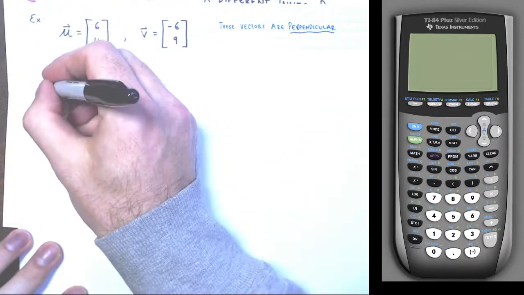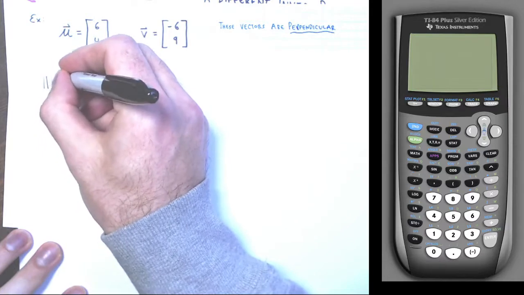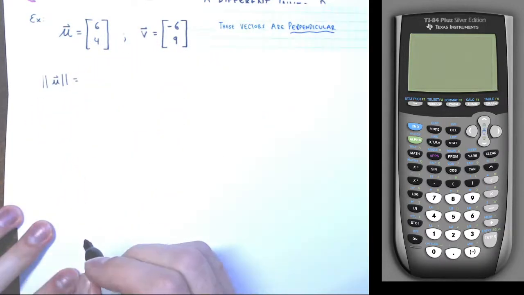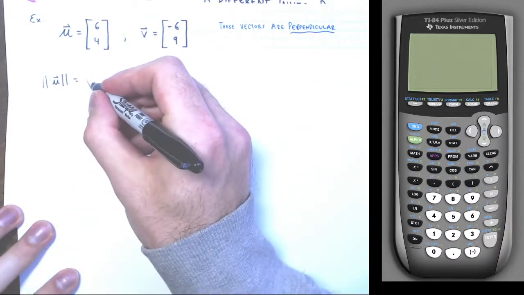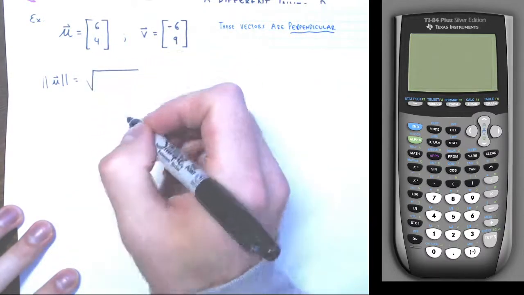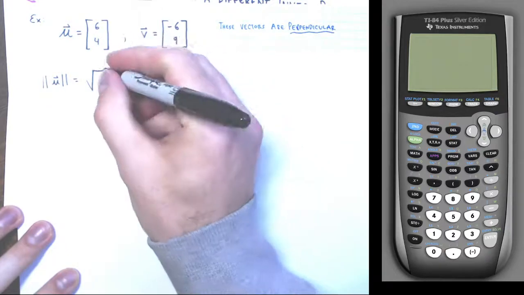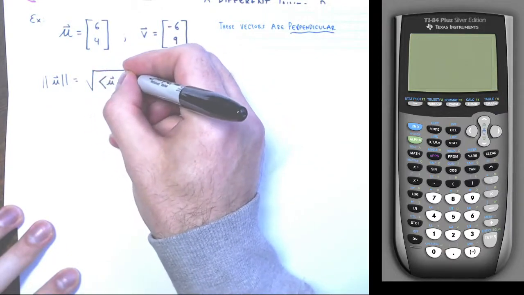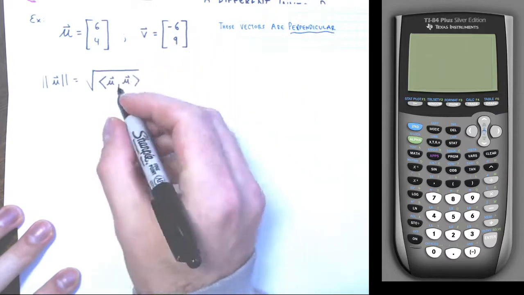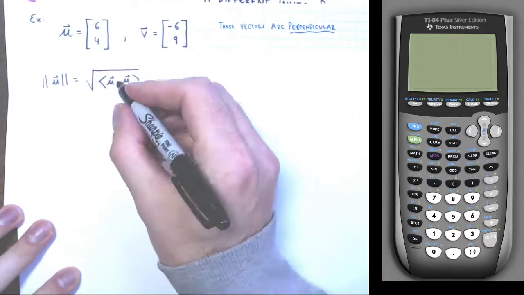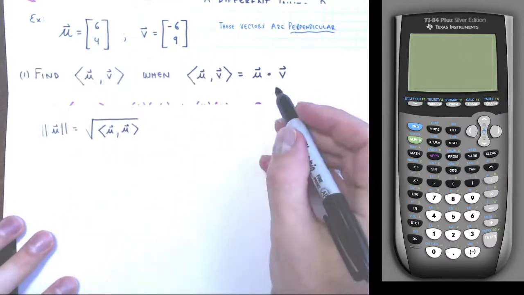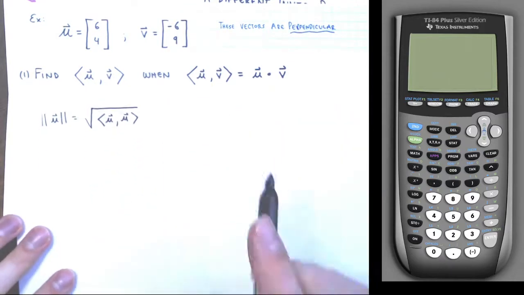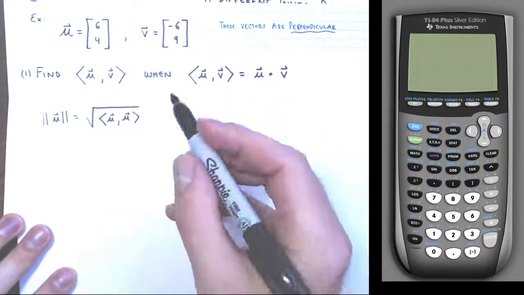So let's find the norm of u. Remember, the norm of a vector in an inner product space was defined to be the square root of the inner product of that vector with itself. Here my inner product is the dot product.